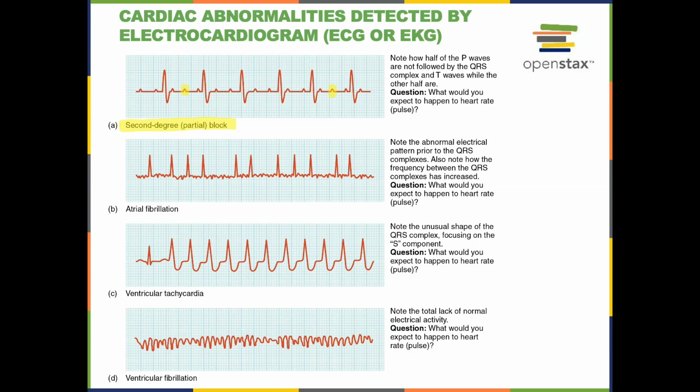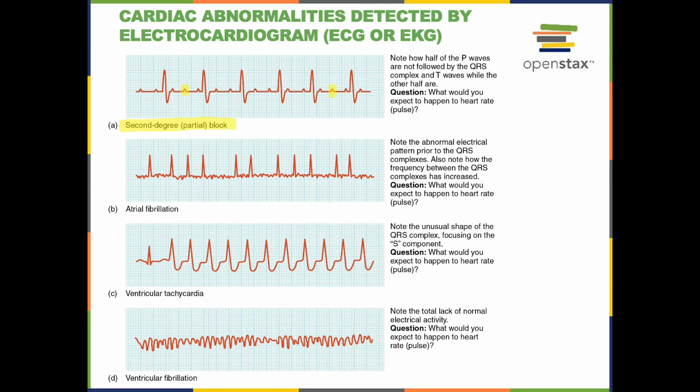What do you expect to happen to the pulse rate as a result of this blockage? Pulsing corresponds to blood entering the arteries, causing the arteries to expand with the increasing blood pressure that corresponds to ventricular ejection. In this second degree blockage, the heart is essentially skipping a beat.